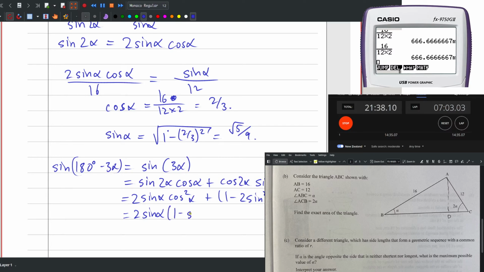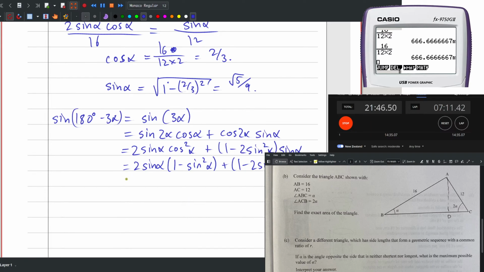Cos squared is 1 minus sine squared, right? So that's like 3.